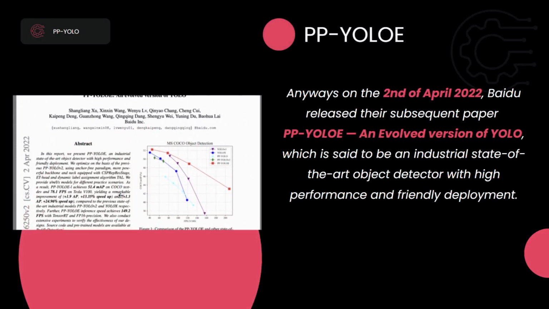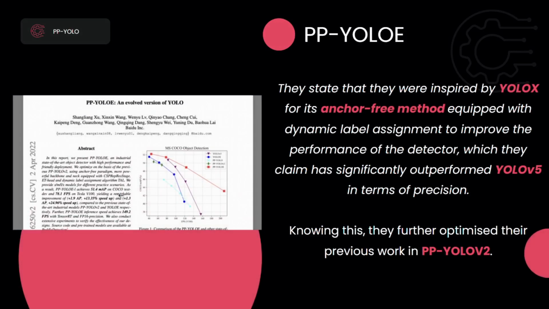Anyways, on the 2nd of April 2022, Baidu released their subsequent paper PP-YOLOE, an evolved version of YOLO. So maybe here E stands for evolved version of YOLO, which is said to be an industrial state-of-the-art object detector with high performance and friendly deployment.